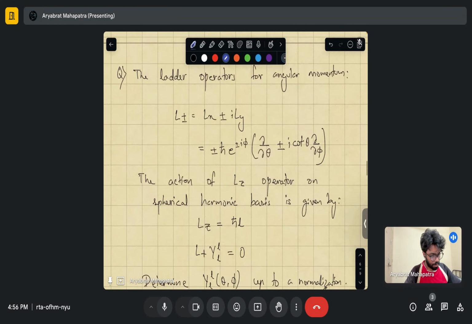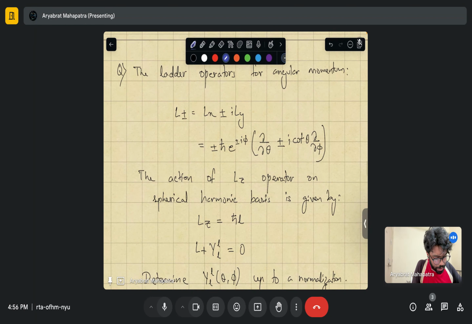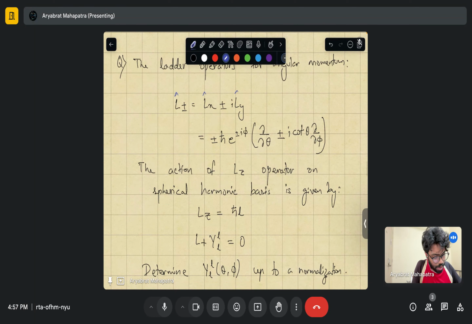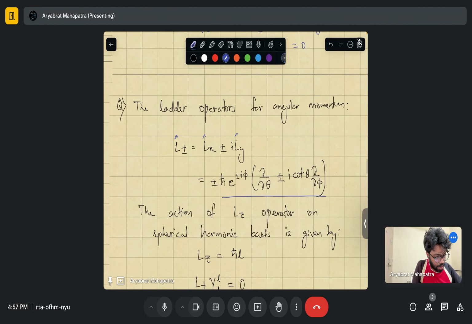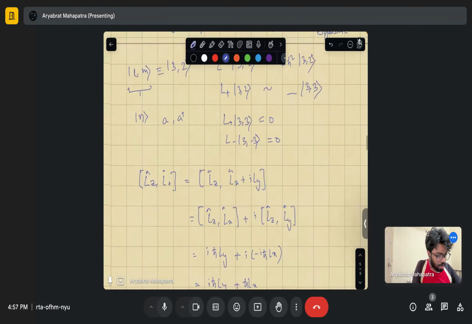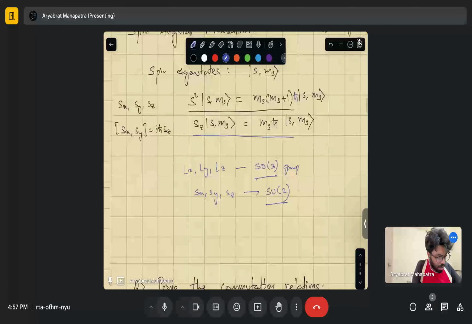Next, we have these ladder operators once more. As I was telling, they are defined this way, and in terms of theta and phi these operators are given by this definition. You can also see how this expression reduces.